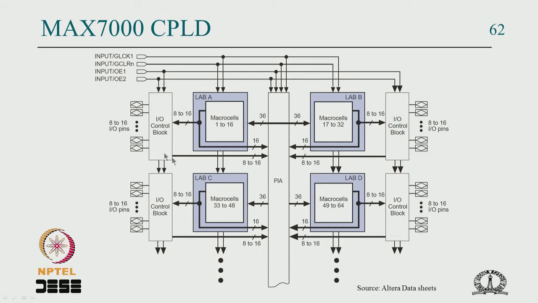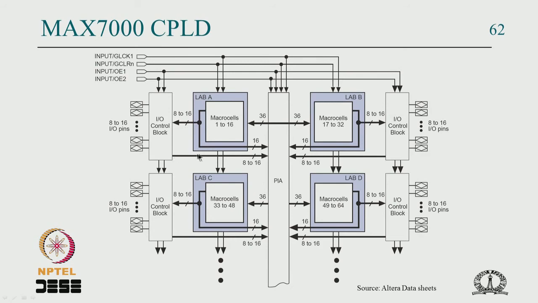So in this MAX 7000 CPLD, if you want to synchronize it, it has to suffer an IO delay, it has to come through the switch and switch delay, it has to get into the AND gate, then the OR gate, or one of the AND gate outputs can be connected to the flip flop. So before getting to the flip flop it suffers a lot of delay.